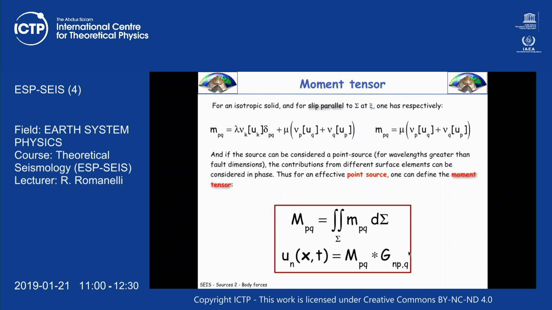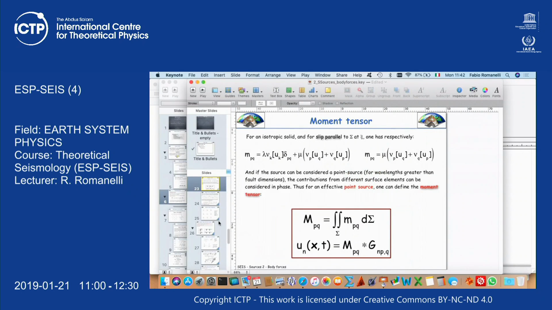So time is there, but which time is left for a point source? For a point source, we have lost all the information about the propagation of rupture. Because rupture was starting in a point, propagating, stopping. What we have left for a point source is just the time necessary to slip. And we're going to call that rise time, and it will play an important role now.